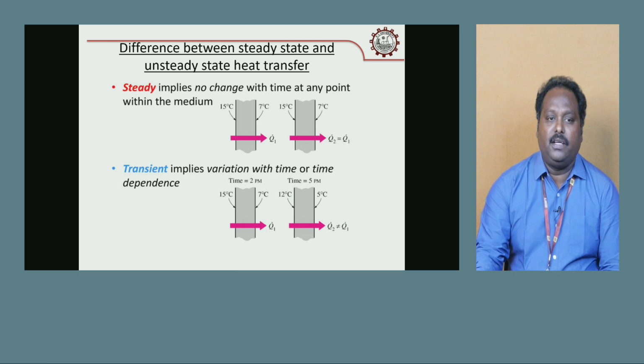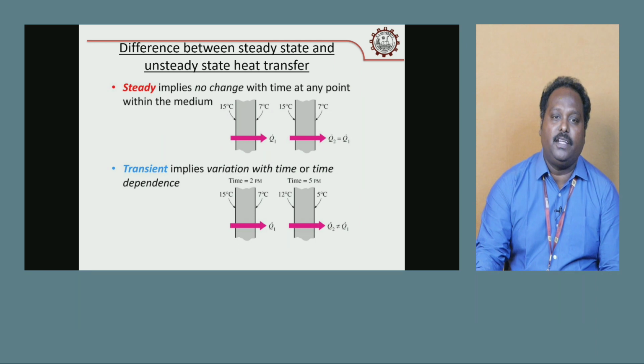In unsteady state heat conduction, or transient heat conduction, heat transfer varies with respect to time as well as location. If you look at the diagram, in the first diagram the temperature is 15 degrees centigrade and it is reduced to 7 degrees centigrade.